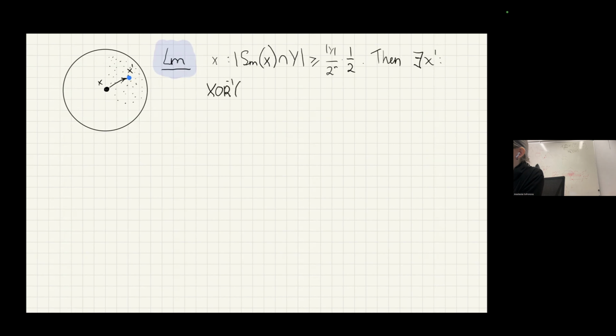Probably once. There exists a new center of the sphere with the right parity, such that, first, the distance between X and X prime is not super big.